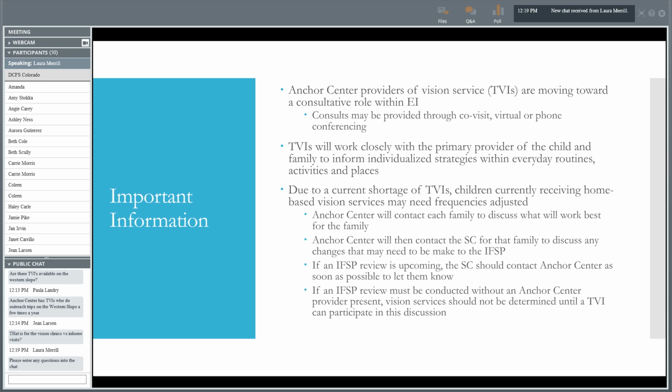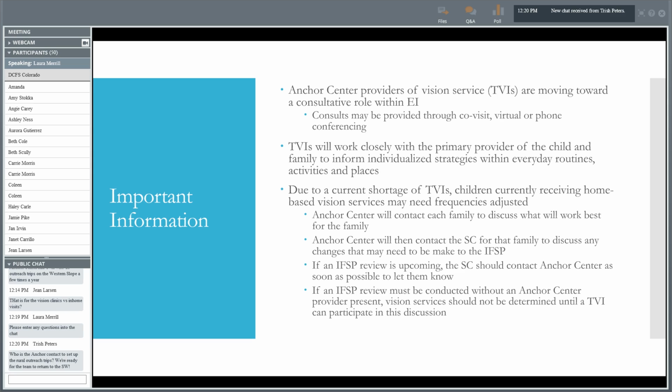It's exciting for EI and Anchor Center. We're working really closely together right now to get our process down for collaboration and some shared guidelines and shared training opportunities, and this is the first one that we've put into place, so it's pretty exciting. I just want to remind you of some of the information that went out that's important to remember about your collaboration with Anchor Center right now.